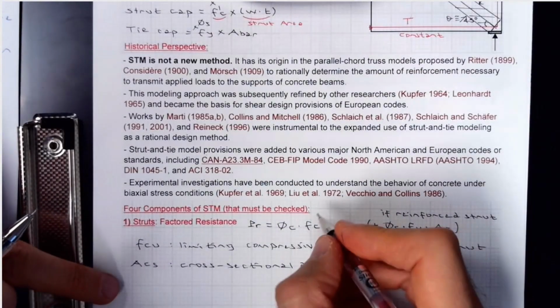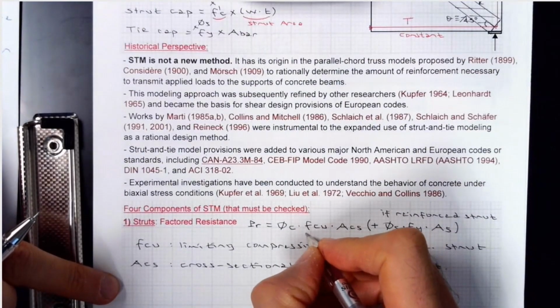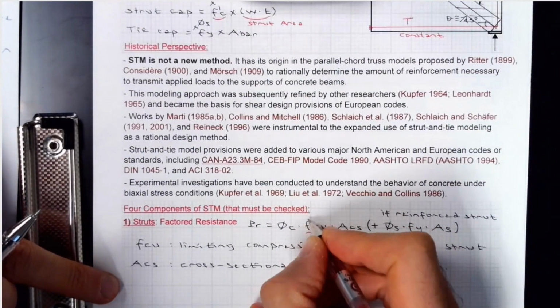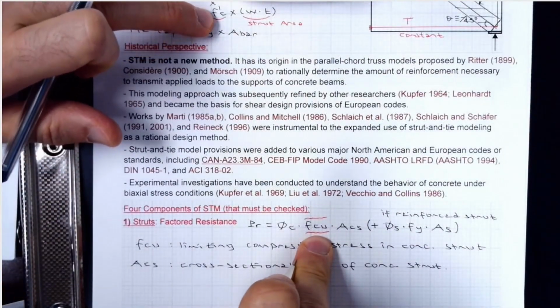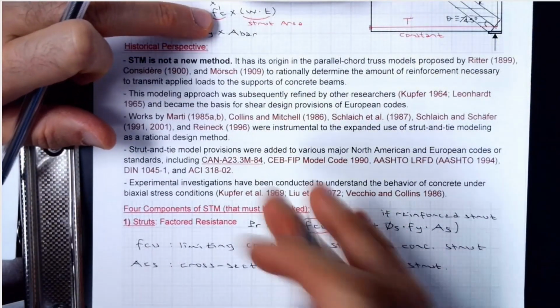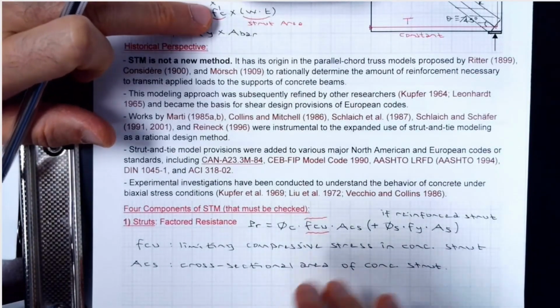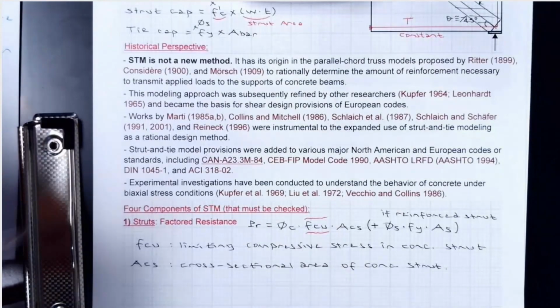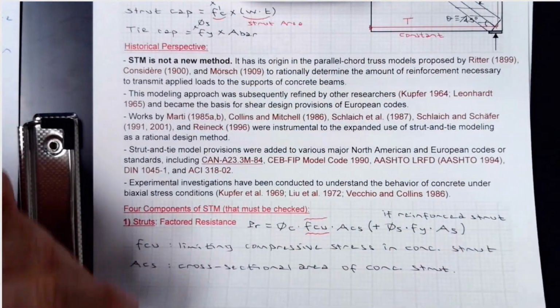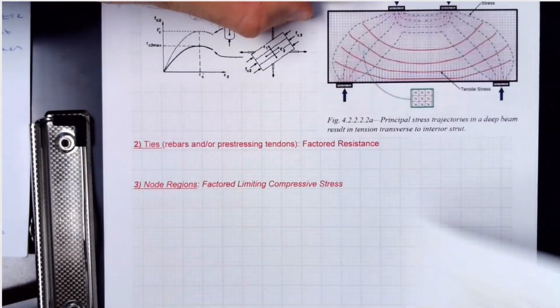Now the question should come, why is this not f prime c? Why is this fcu? Because previously I said we use f prime c if we know nothing about any advanced design, but this became fcu, and I'm going to explain what that is in the second page.